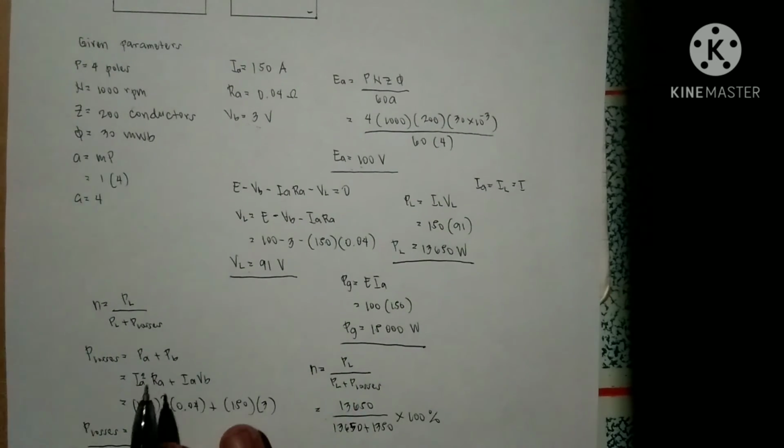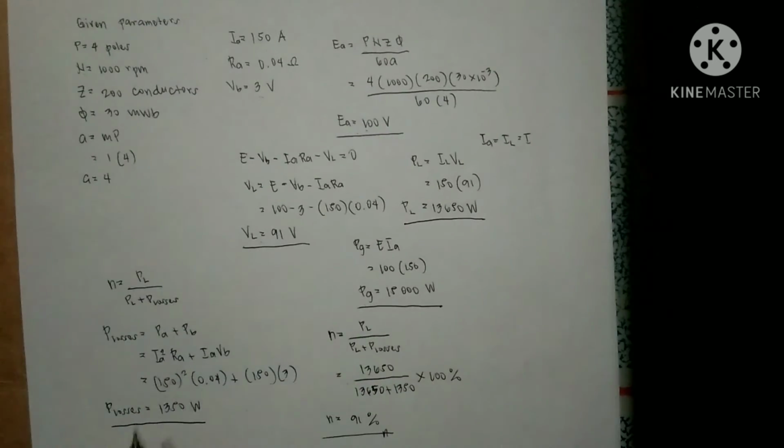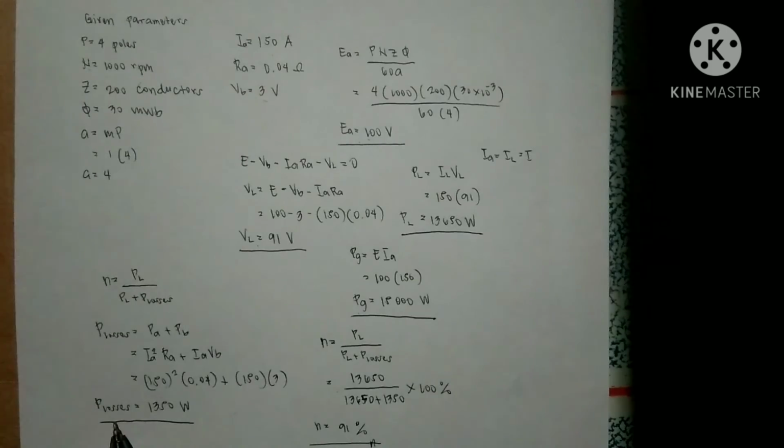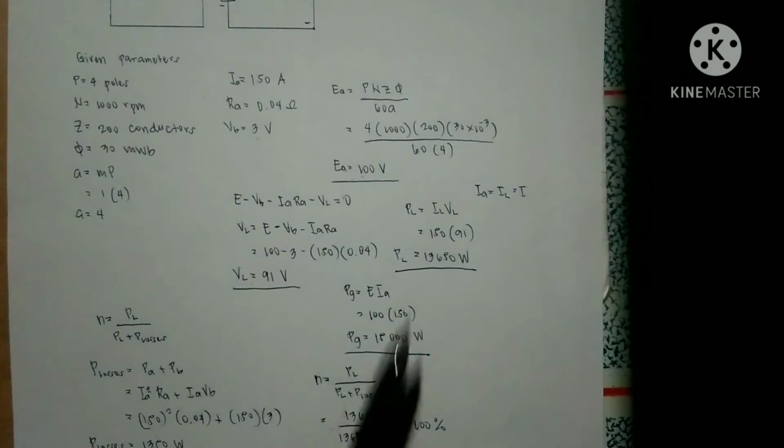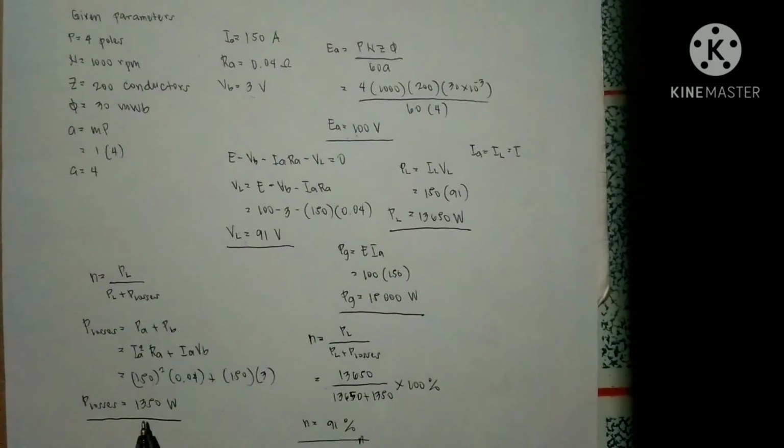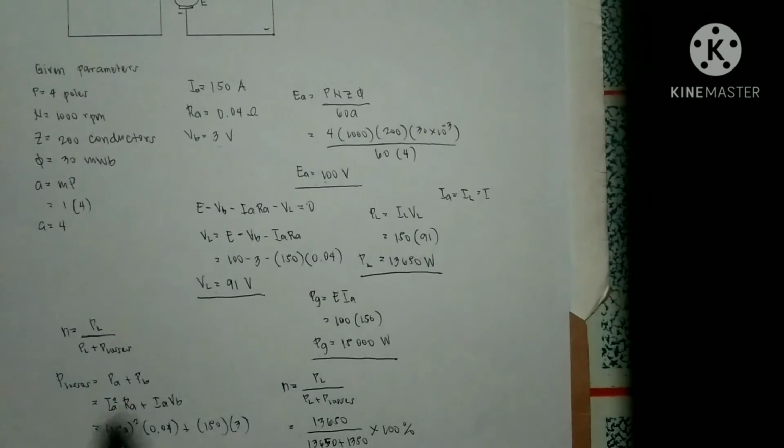PA is equal to IA squared times RA, and PB is equal to IA times the brush drop. Simply substitute the values. The total power losses in the generator is equivalent to 1,350 watts.